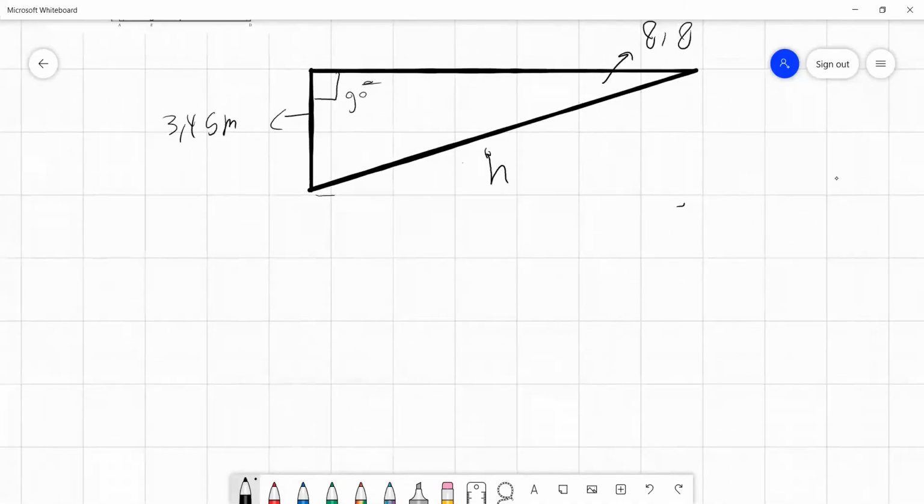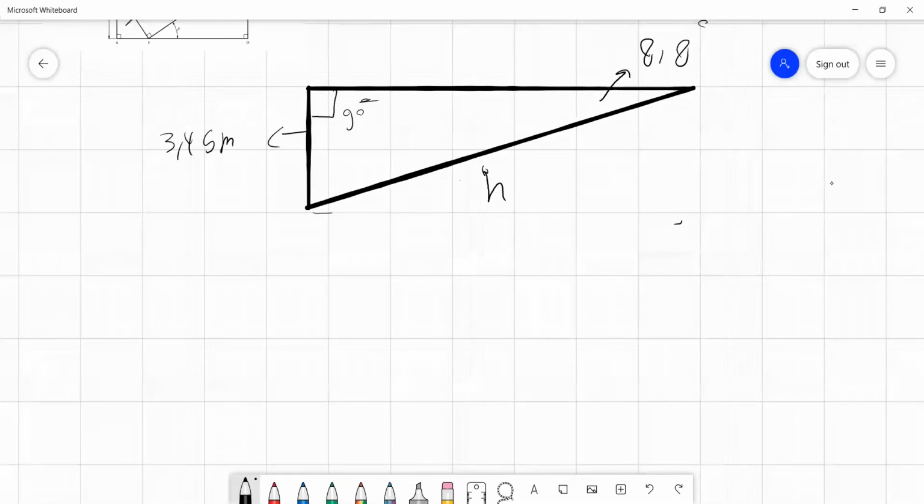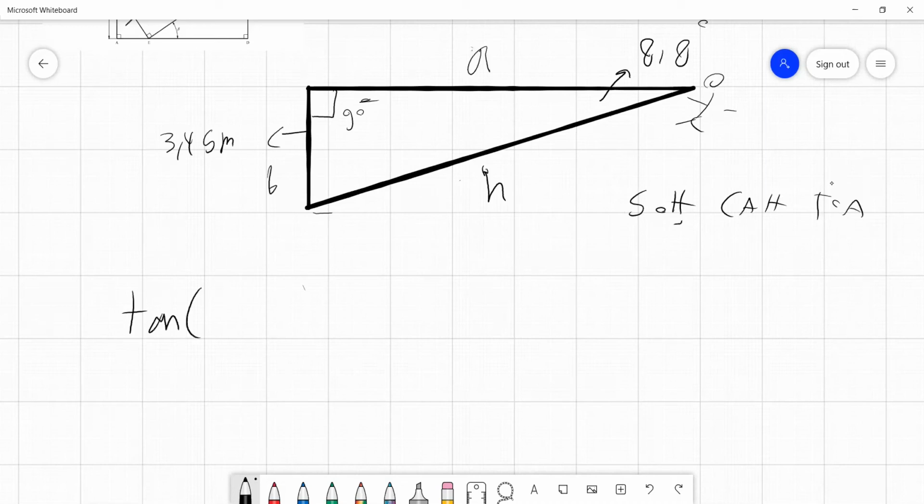All right, now we must use SOH CAH TOA. And standing over here, and looking at the angle from this perspective, we have options of SOH CAH TOA, but not all of them are viable. If you take tangent of 8.8, what does that mean?